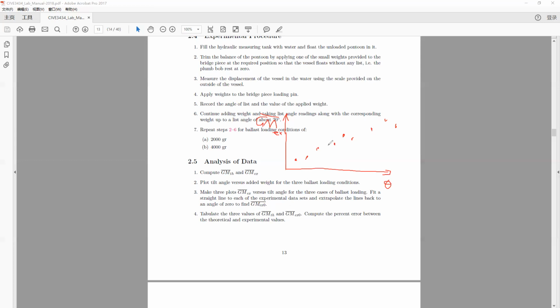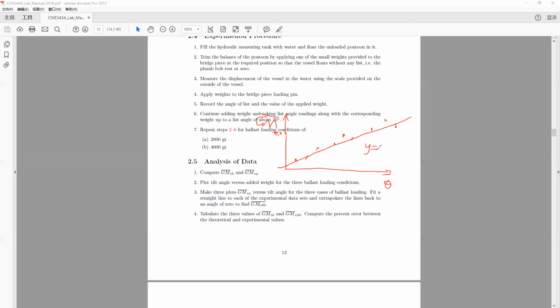What does it mean? In Excel, you have the ability to draw a trend line using linear interpolation, and you will find a trend line, and you're able to ask Excel to provide you the equation.